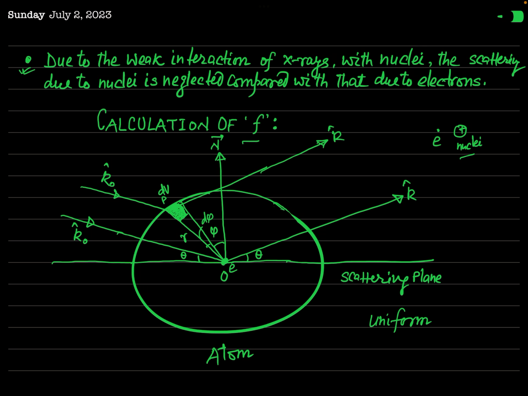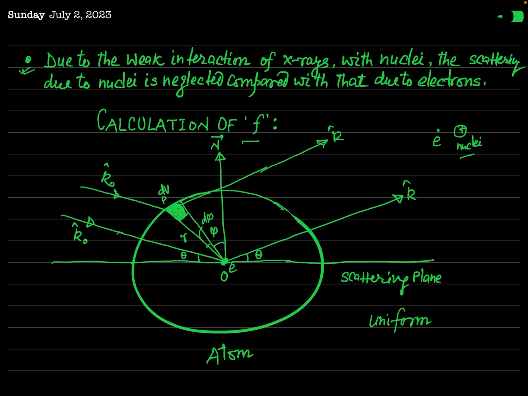Now we will consider the scattering of X-ray incident on the single electron located at the origin and the X-ray scattered from this volume element.